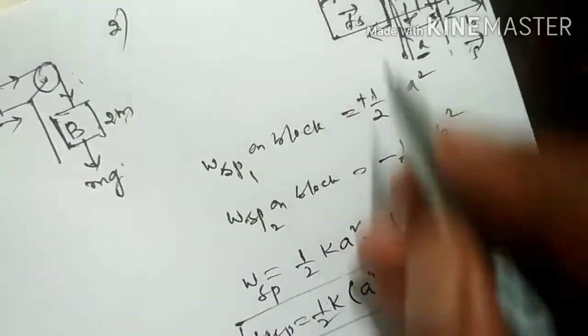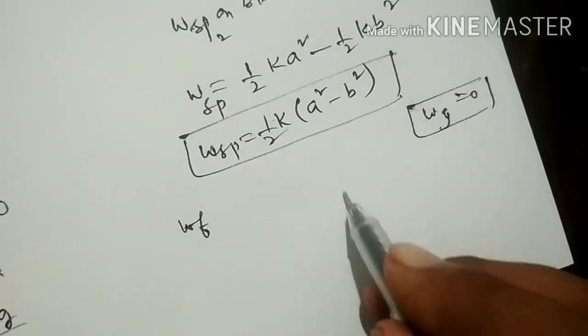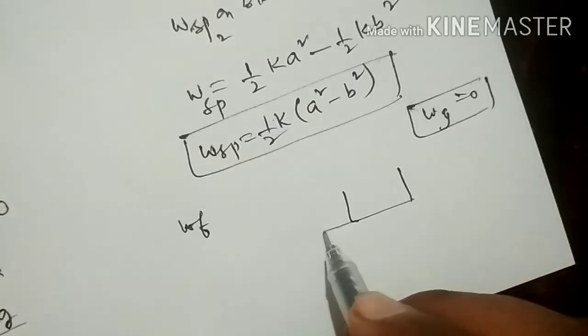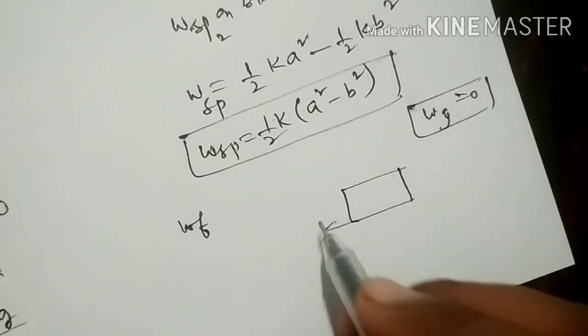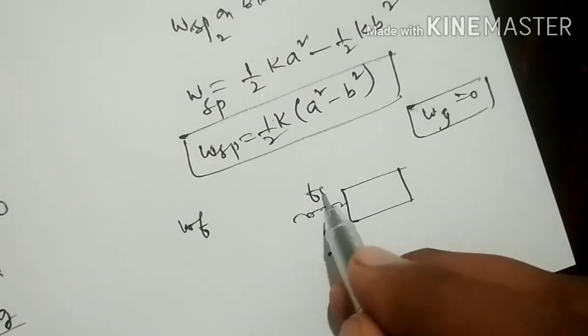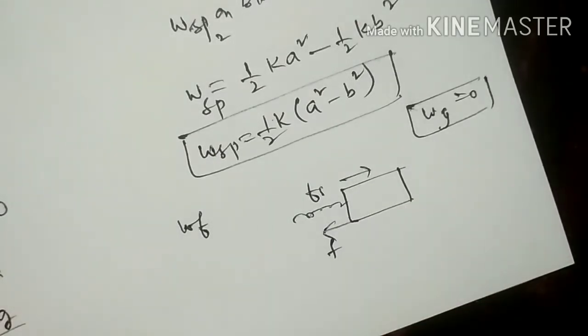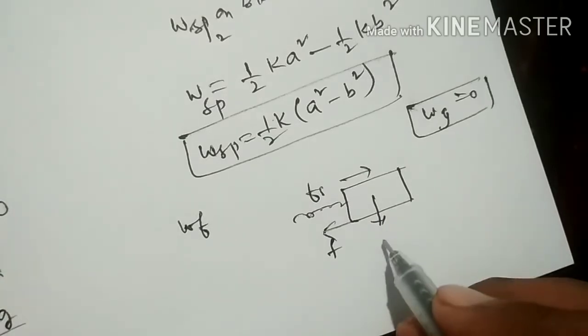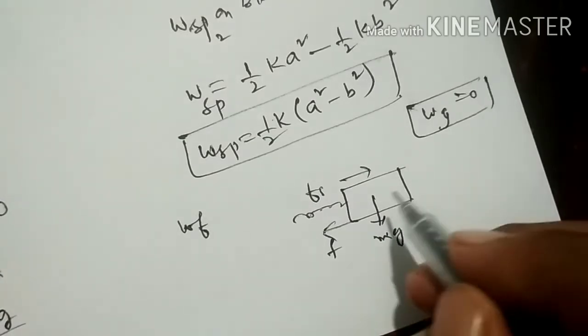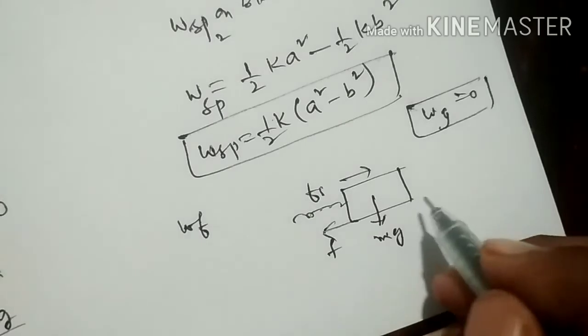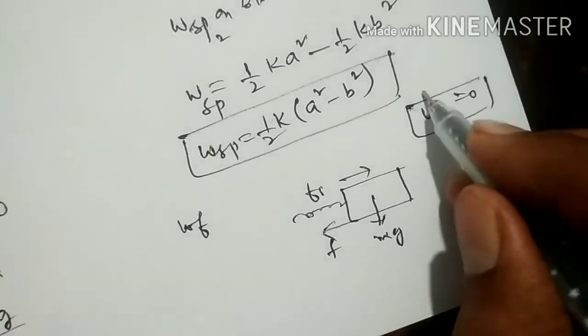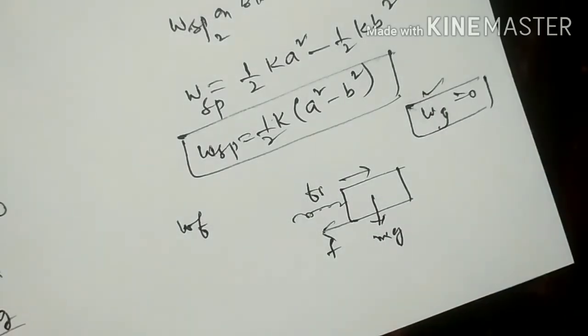As the block is moving in the opposite direction, friction is acting in the opposite direction to the spring force, which is pushing the block. Gravitational force is acting downwards, so the displacement and the force are perpendicular to each other, and the work done by the gravitational force is 0.